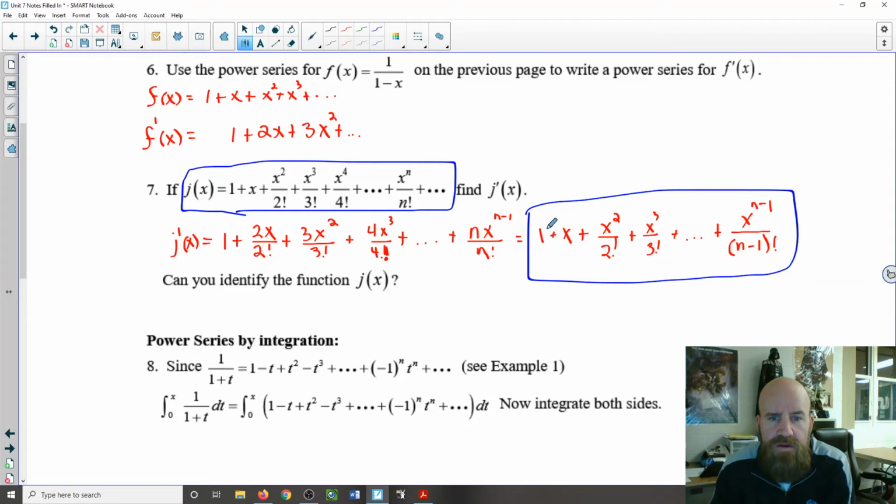If we look at the terms, they're all the same. So what function has the same derivative? I want you to pause and think about that. So j of x is going to be e to the x, because we know the derivative of e to the x is just e to the x. Okay, so this power series represents e to the x.